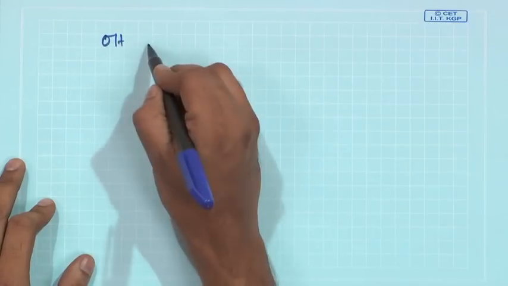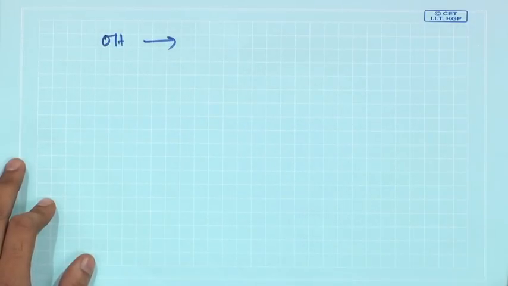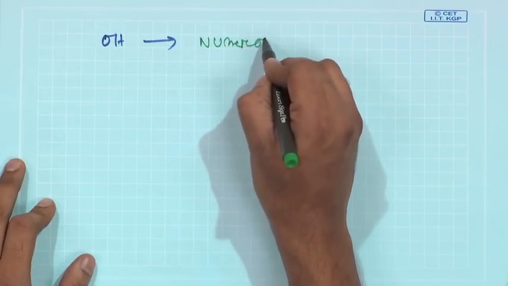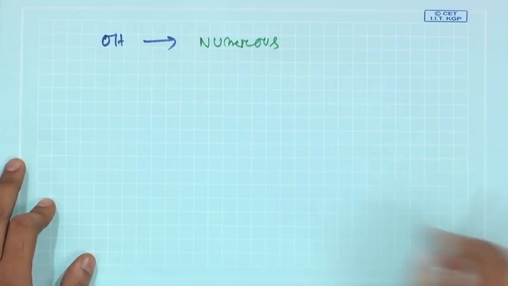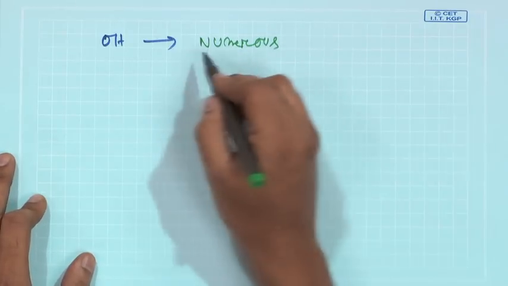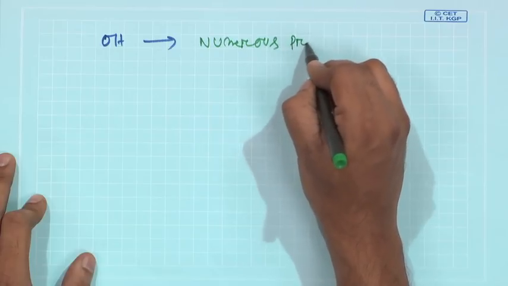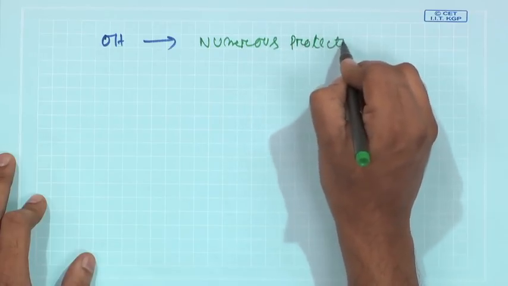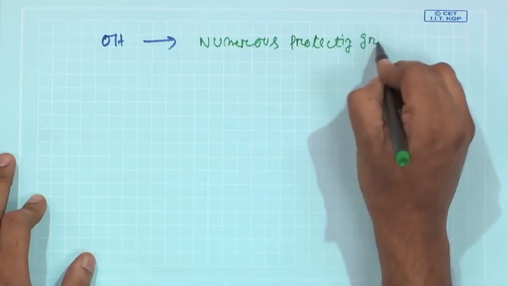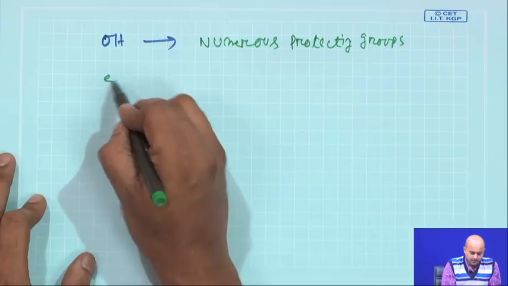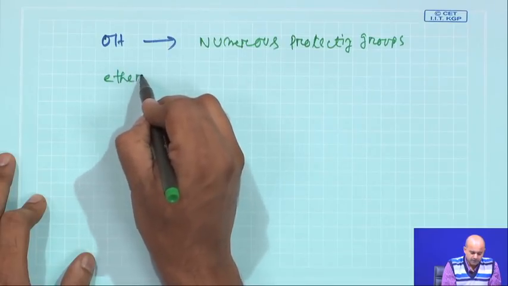The choice is yours. Now, as I said, alcohols can be protected through numerous protecting groups. You will find that alcohols are the most actively explored functional groups in protecting group chemistry. Numerous protecting groups can be used, mainly alcohols protected as their corresponding ethers.